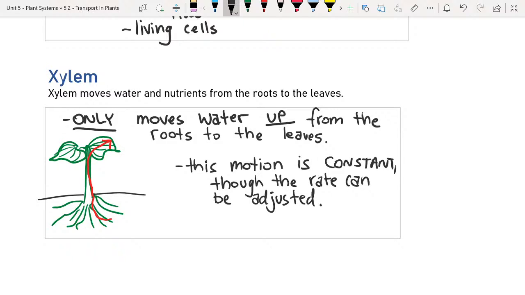So, no matter what, a plant is always moving water up through its xylem. Has to happen constantly, no matter what.